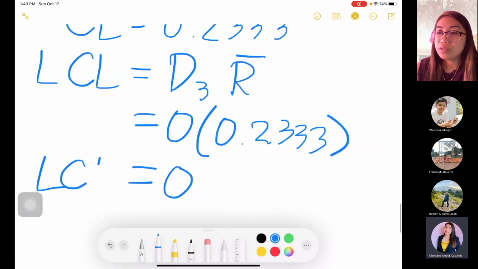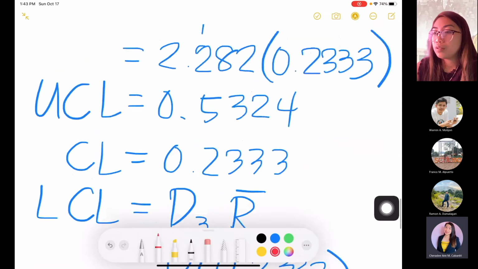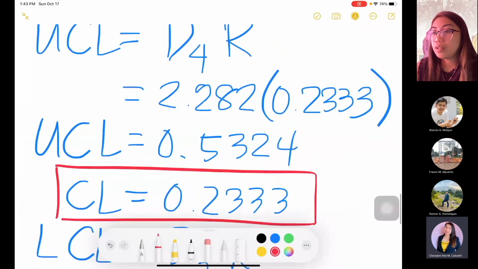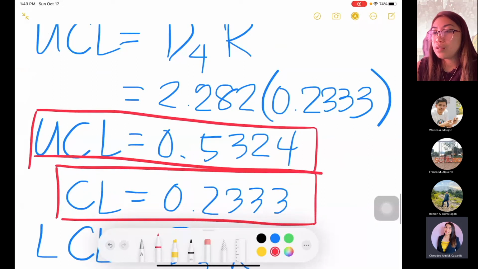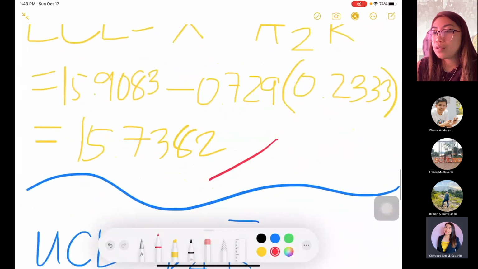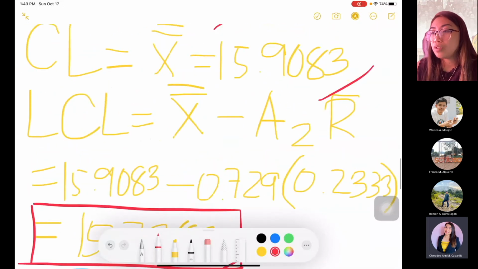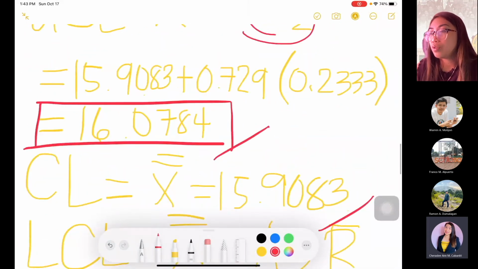So that's your LCL. So these are our answers, this one, this one, and this one. Same goes with here. These are your answers. I already corrected your UCL and your CL.